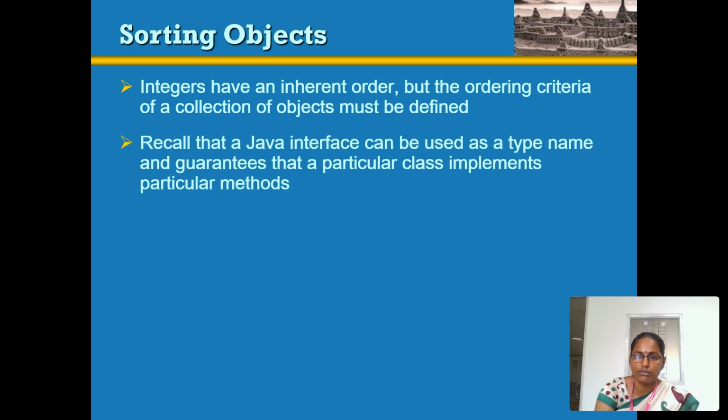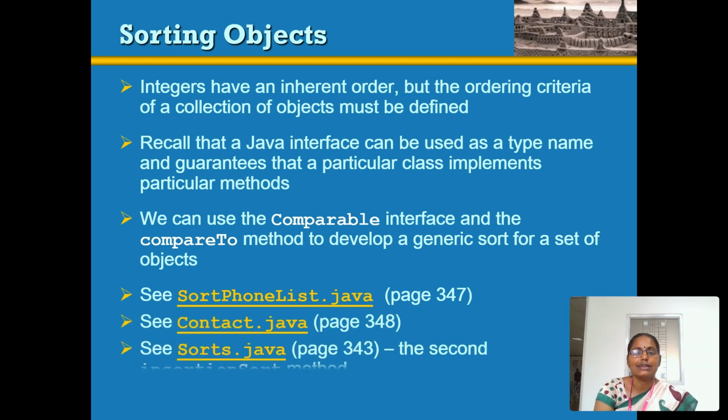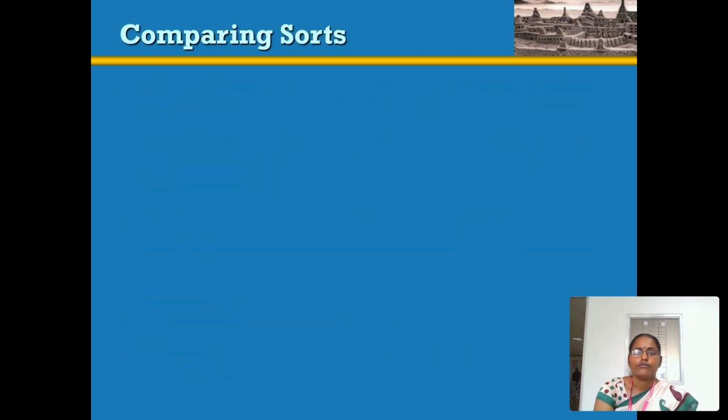The collection of objects must be defined, given that a particular class implements particular methods. For example, the Comparable interface and the compareTo method are used to develop a generic sort for a set of objects in an array.